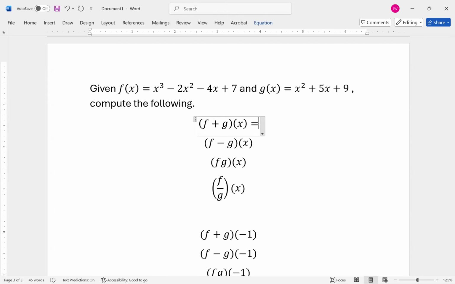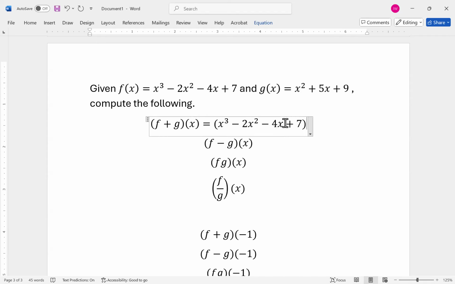Okay, so I'm going to do this, and I'll not do a lot of steps, but I'll show most of the steps. So f plus g of x, we do x to the third minus 2x squared minus 4x plus 7.